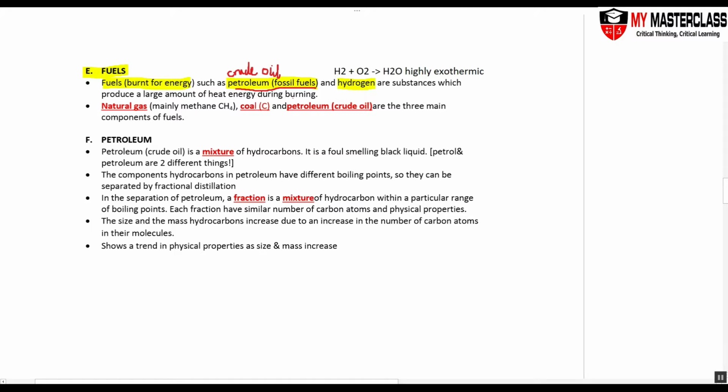Millions of years later, with heat and compression from the earth, humans nowadays dig out the petroleum or crude oil, which is a dark black liquid, and we burn it for energy.